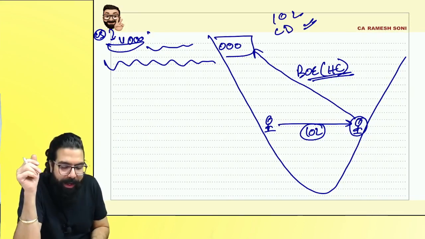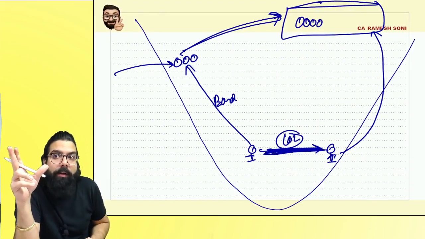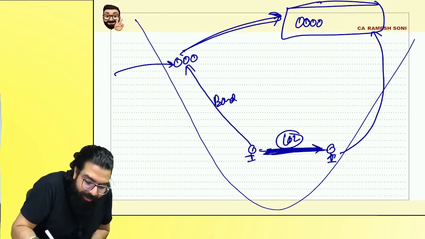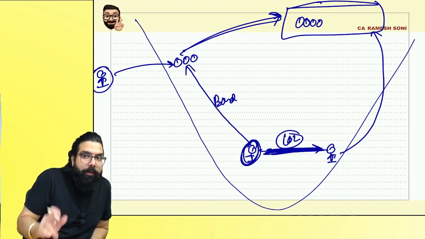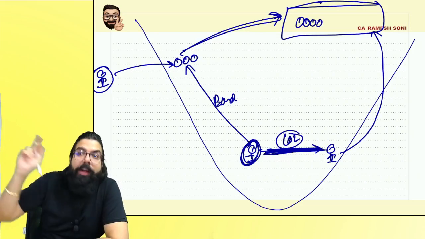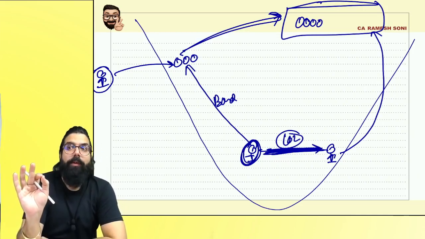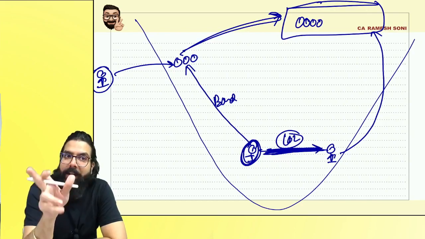But can you tell me in the earlier example what happened? Custom duty he paid on the old transaction value only. Only IGST he paid on the section 3(8) value or transaction value, whichever is higher.